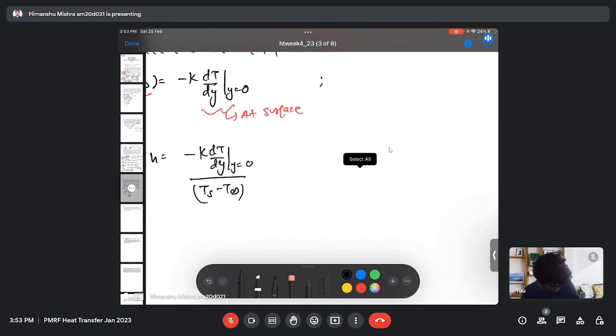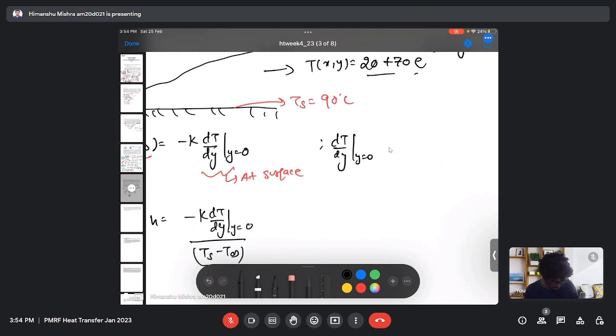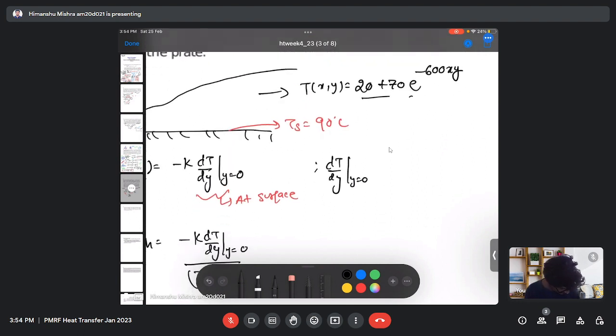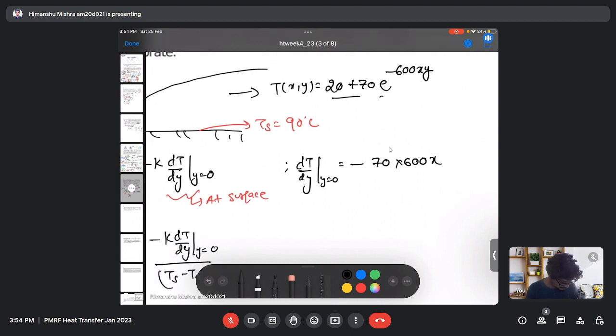When I take the derivative of the temperature profile at y equal to 0, I will get minus 70 times 600 x. Since it is at y equal to 0, the exponential will be to the power 0, which will be 1.